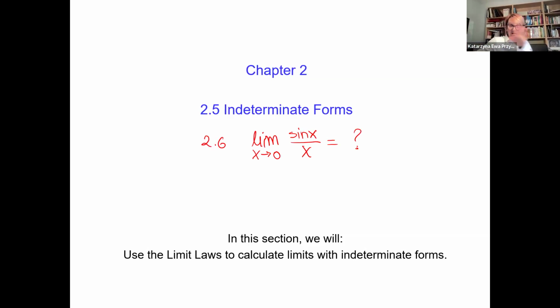The whole section is about this. On the video I prove this formula and then apply it. You can watch after the session or later.